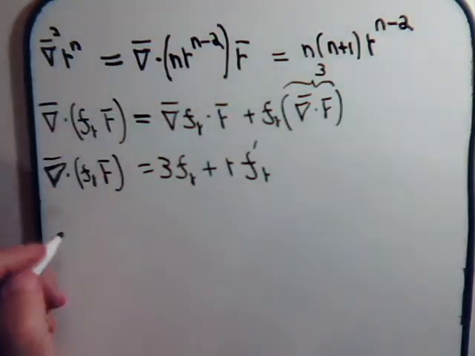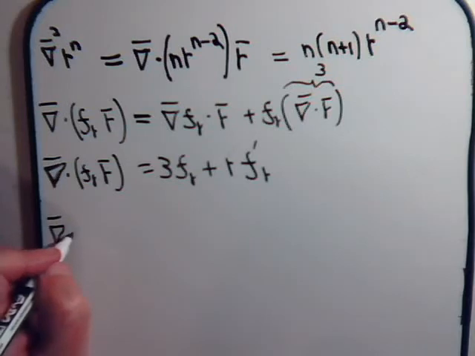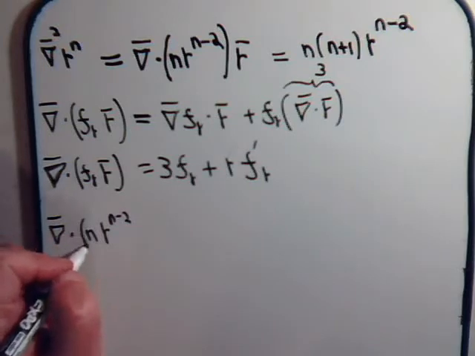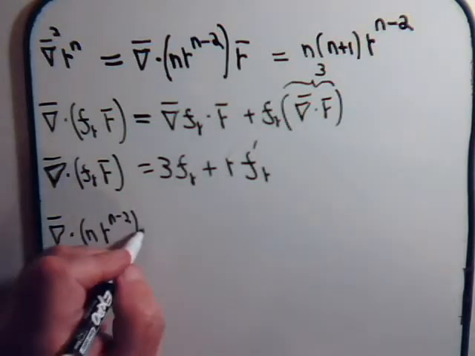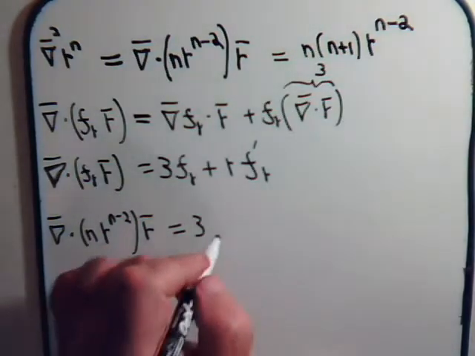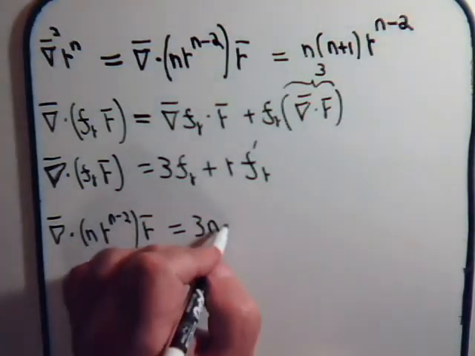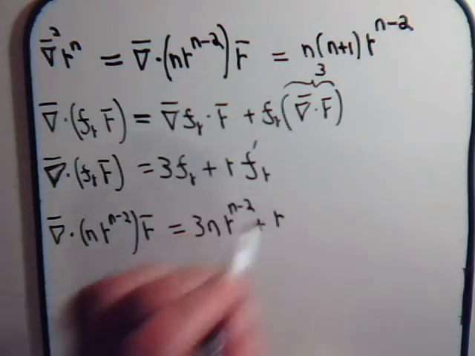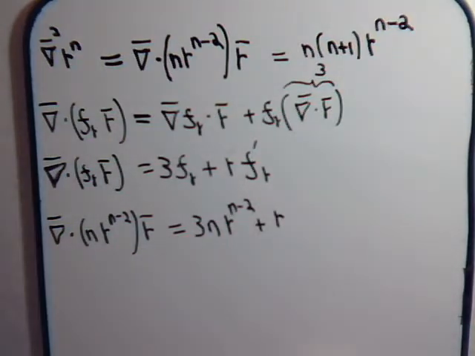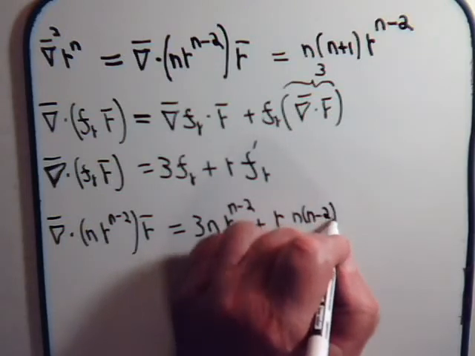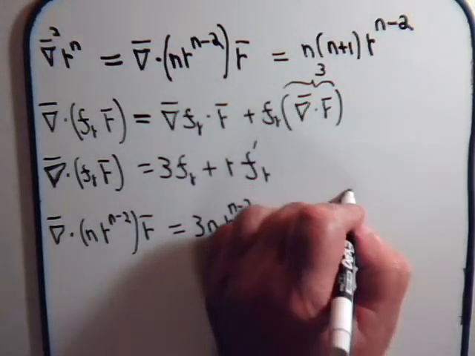So for example, suppose we have this problem. We're taking del dot n r to the n minus 2. So that's our scalar quantity times r. We would say that would be equal to 3 times the scalar quantity plus r times its derivative, which would be n times n minus 2 times r to the n minus 3.